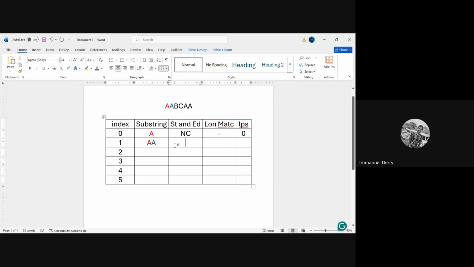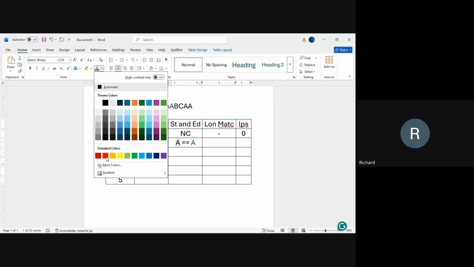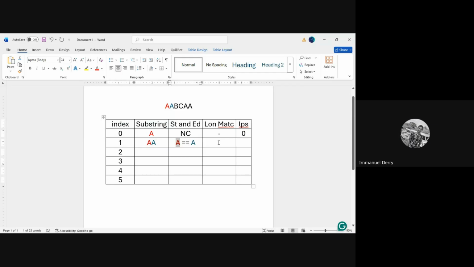Where is the end? That is what we are doing the comparison. So the start A is actually equal to A. Is that clear? Yes, sir. And the longest match is A, so that will be LPS of 1. Wherever there is a match, it has an LPS of 1.